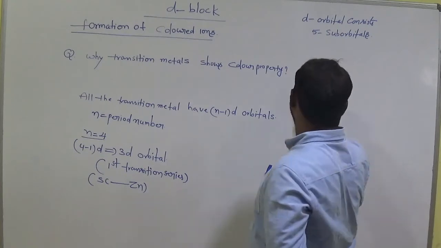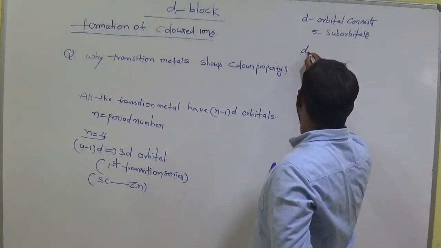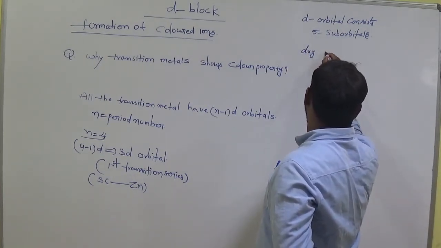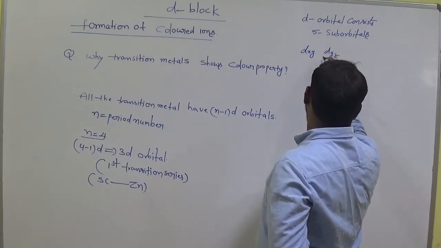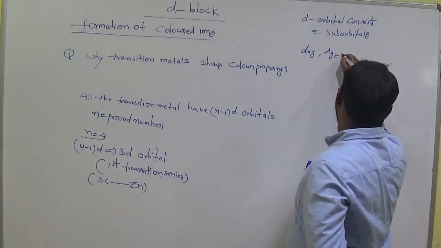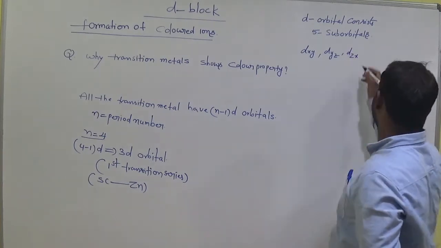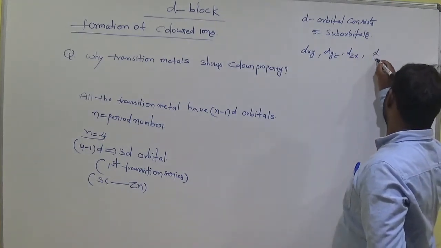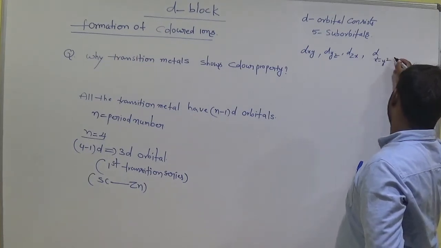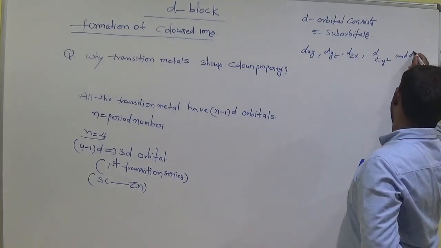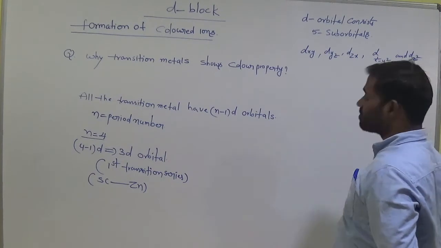What are they? They are dxy, dyz, dzx, dx square minus y square and dz square.